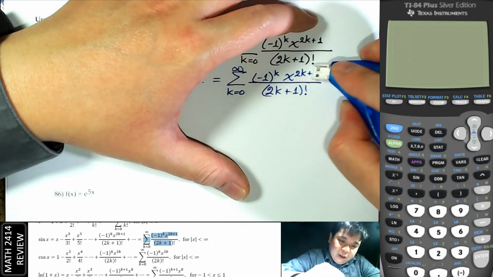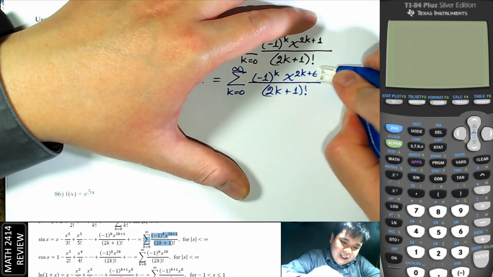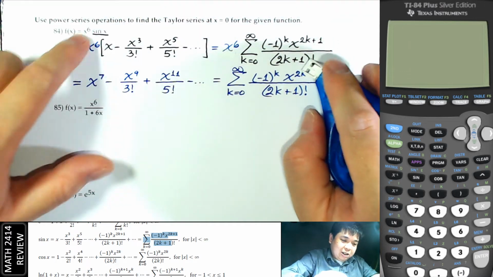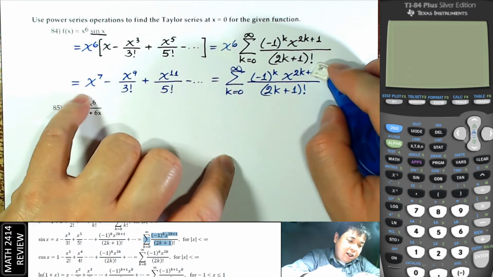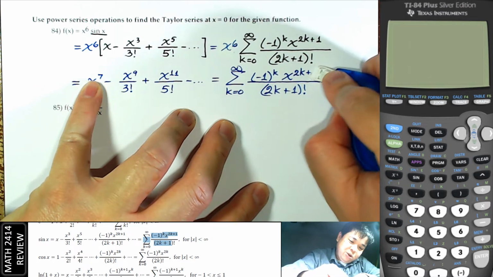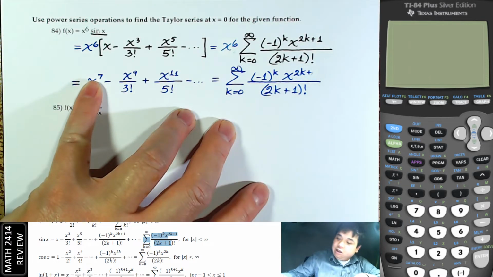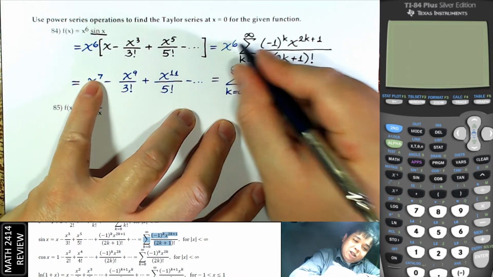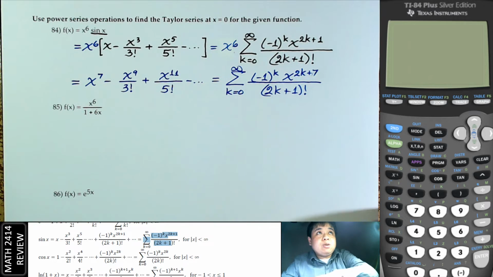I mean 1 plus 6 is 7. The reason I noticed this is because this should still be an odd function, because we have all the odd powers here. So that should be 7. Sorry. Yeah, 6 plus 1 is 7. Right, so that was that.